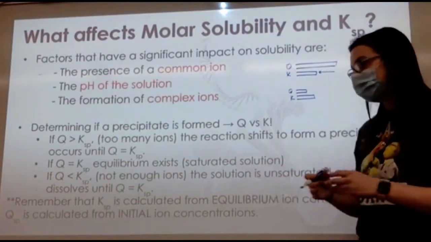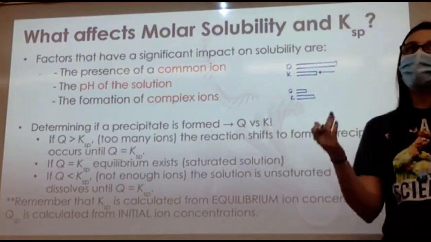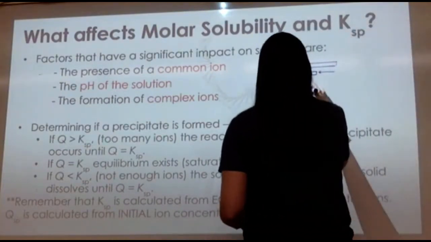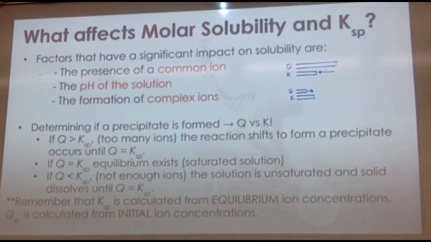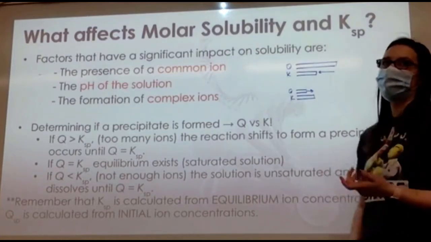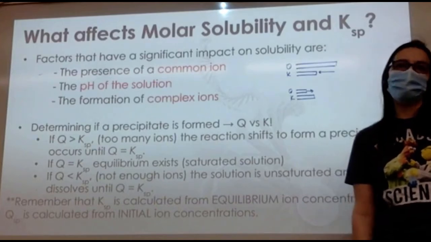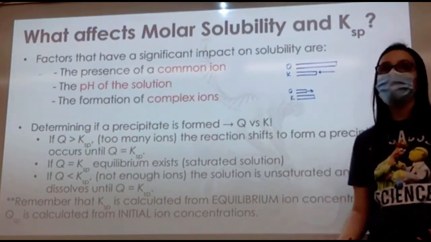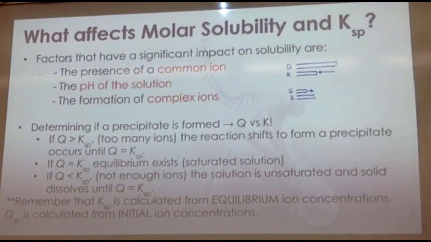They give us concentrations, we plug it in, that's Q. It's K if we know we're at equilibrium. So to get to equilibrium in this bottom scenario, if Q is less than K, this is an unsaturated solution. There are not enough ions. Think about an unsaturated solution like watery Kool-Aid. You don't have enough of something in the solution. And so to get to equilibrium, Q needs to increase. You need more ions. And so more solid will dissolve.